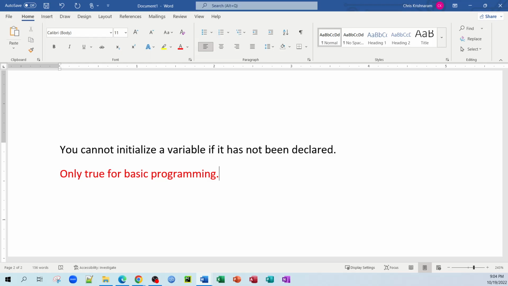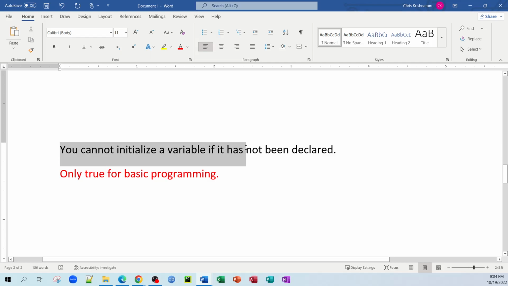You don't have to declare it at the beginning of the program. But you guys are learning the basics of programming, so that's why we're telling you this is just for the basic. This is not for advanced level. This is just for the basic, that you must declare before you can initialize a variable.